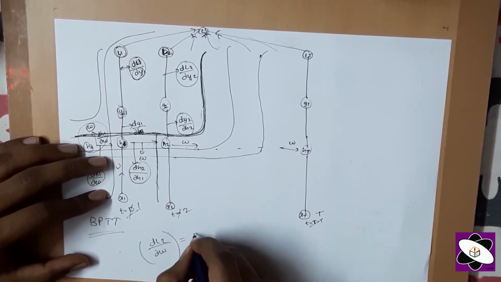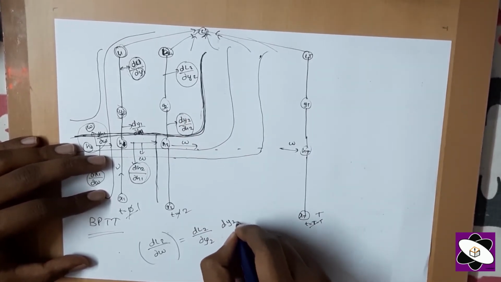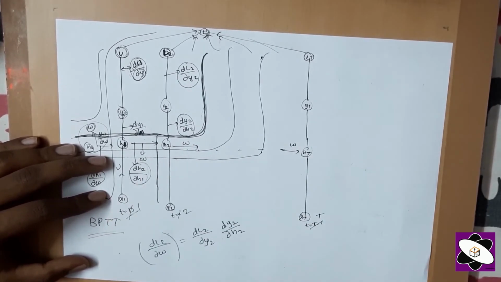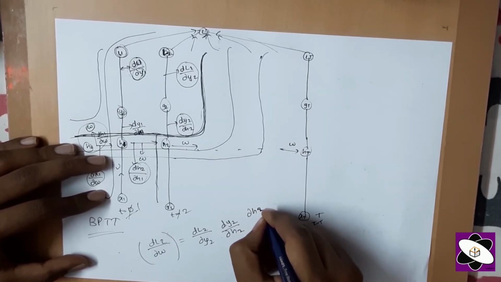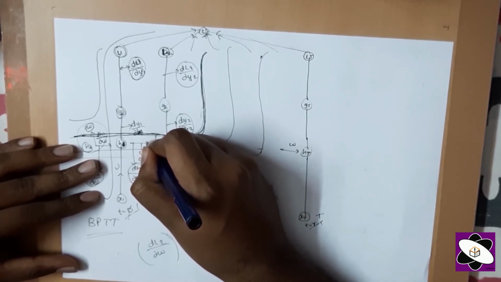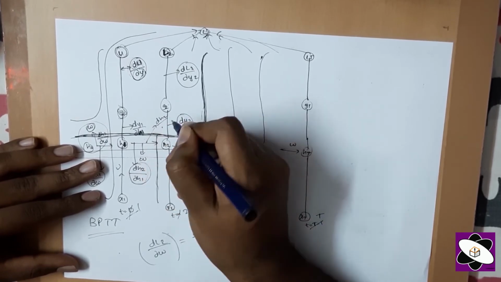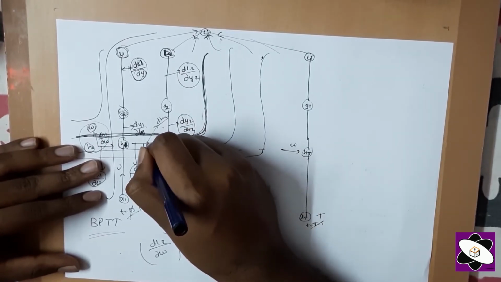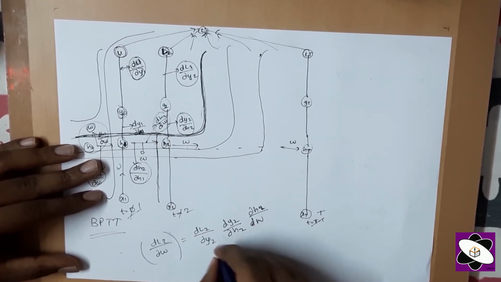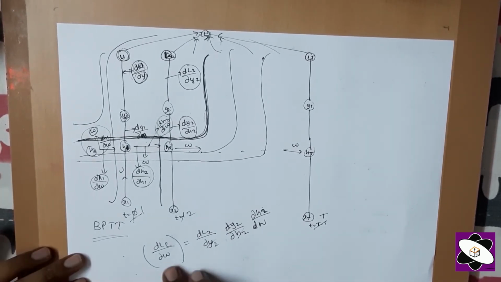We can write this as dL2 by dy2, as you have seen, and then dy2 by dh2, this one, and then dh2 with respect to W, because here we also have W. We can calculate dh2 by dW also over here, because h2 is the output with respect to input W. So this is also there. We are just categorizing this here, and again by chain rule we get dL2 by dW. Now how we'll solve this, we will see next.